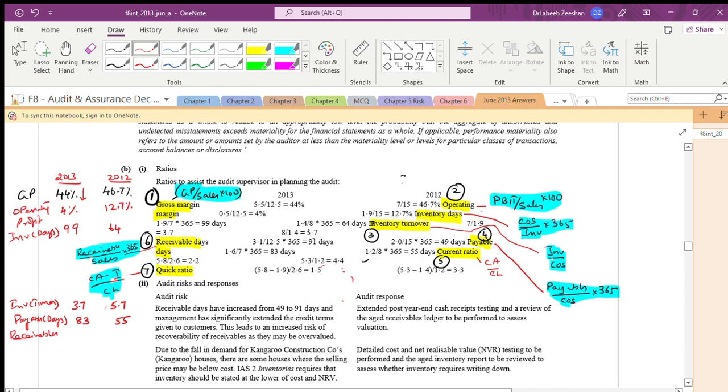Receivables: 91.49. Current ratio, quick ratio. Current ratio is how much? 4.4, 2.2. Quick ratio 1.5, 3.3.